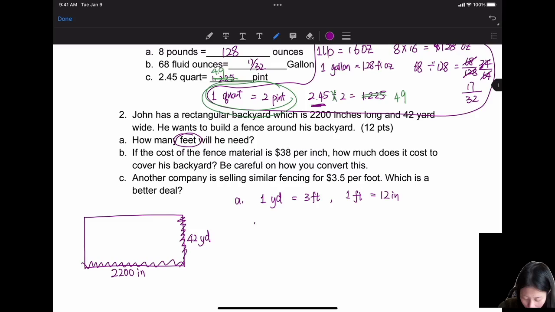So we have 14 yards. Since yard is a bigger unit than feet, we convert it to a smaller unit, so we times the conversion unit. So this equals 126 feet. And then inches, we need to convert it to feet. So that means we need to divide it by 12.